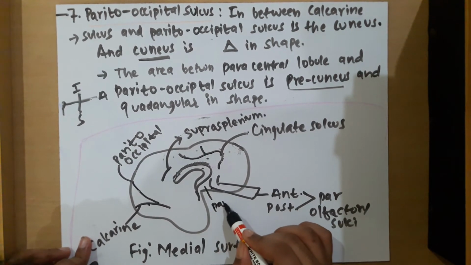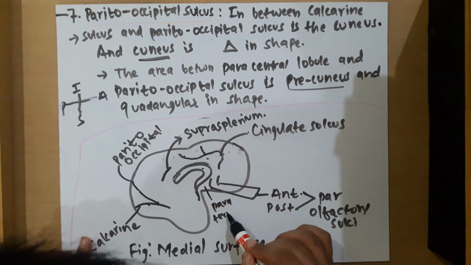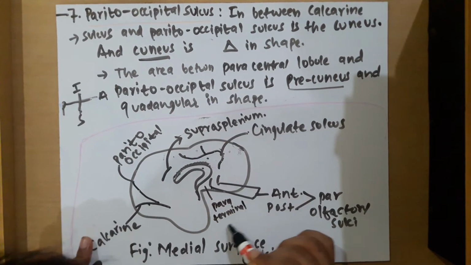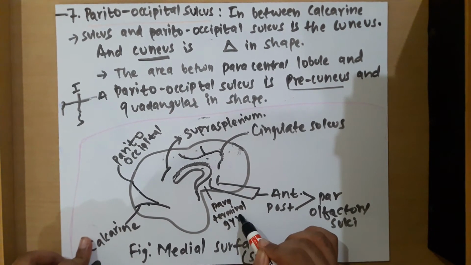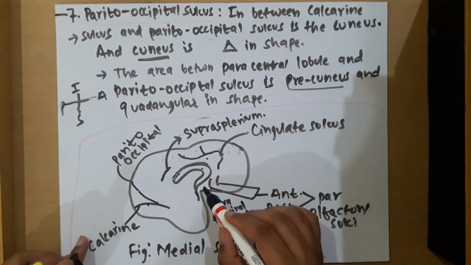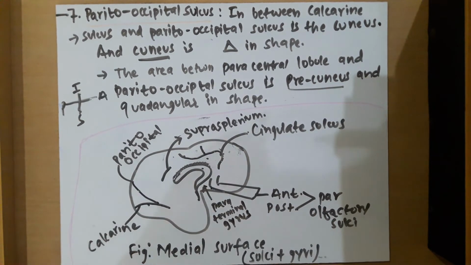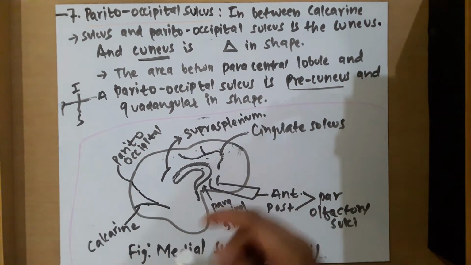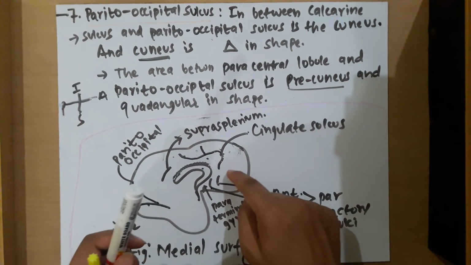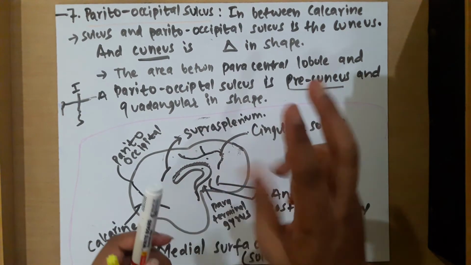Okay, this is the paraterminal gyrus. So don't get confused. Paraterminal gyrus, and the area above the cingulate sulcus is divided into two parts.